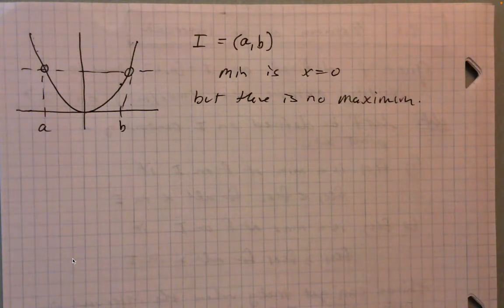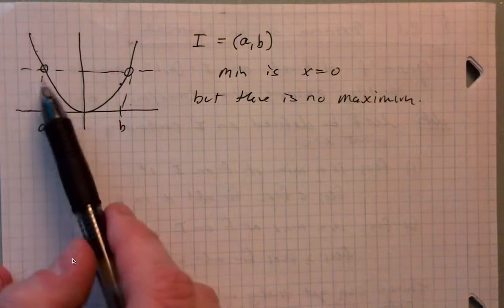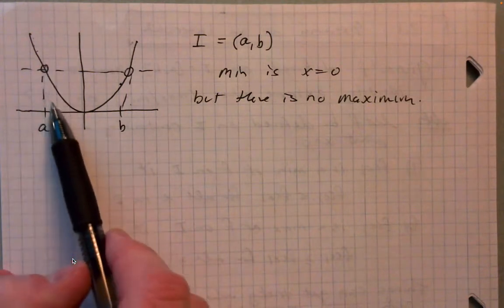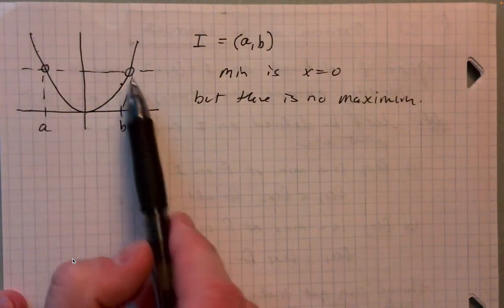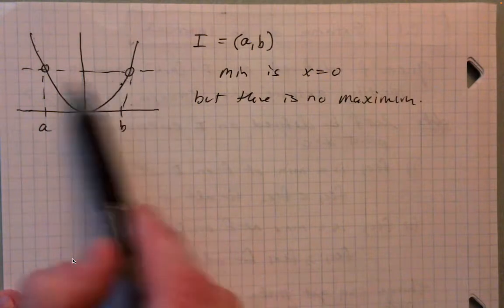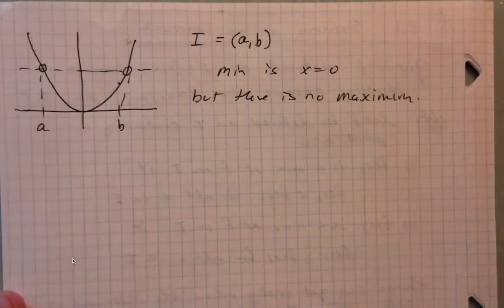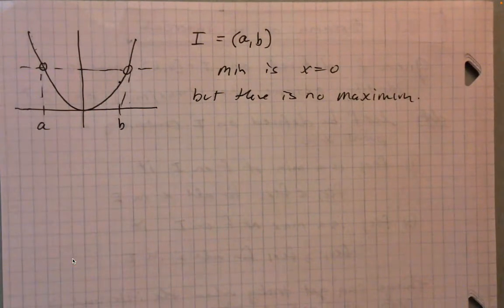And so theoretically speaking, the maximum is going to be whatever point is right next to a and whatever point is right next to b. And those points, again, are not points that we can identify. We can't just say, hey, it's a minus some arbitrarily small number, because there's a continuum there. There's an infinite number of numbers that are very, very close to a.